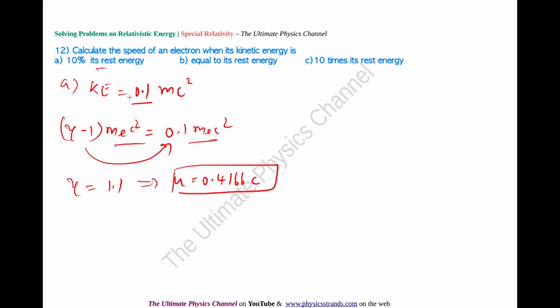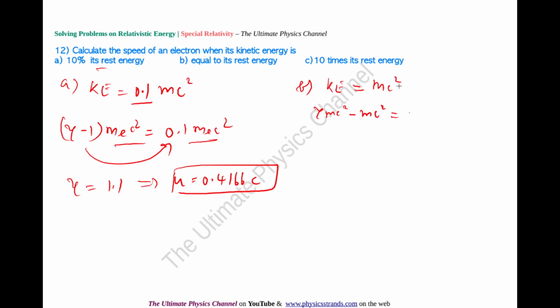Right. Next case, I can repeat this whole process, same process. Now K is equal to rest energy, so K is equal to mc squared. K here we know is gamma mc squared minus mc squared.